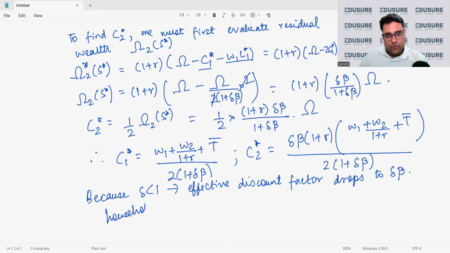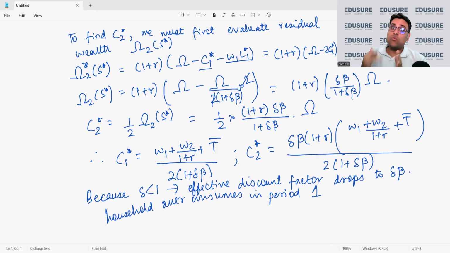The household over consumes in period 1, because he discounts, so second period consumption is not as valuable as it was earlier because delta is a fraction.